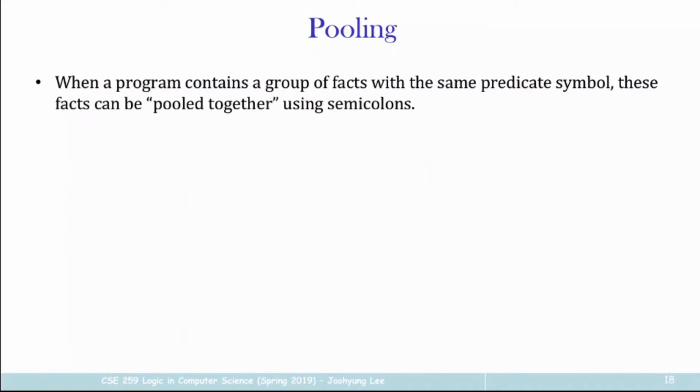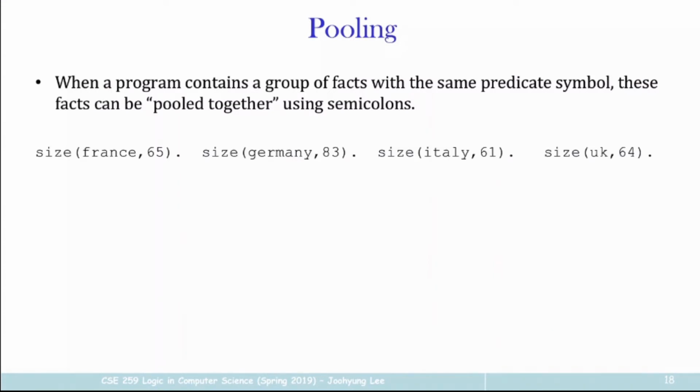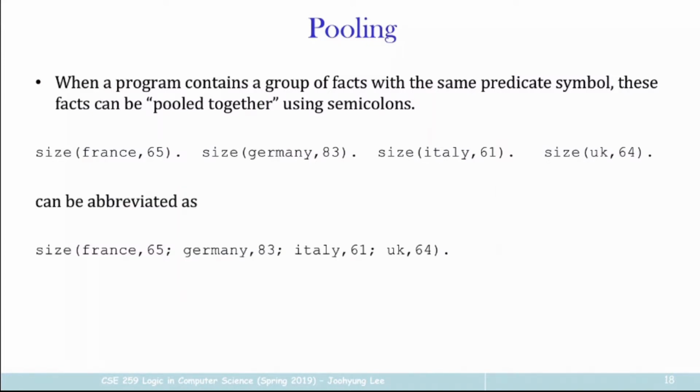All right. The next one is about pooling. This is just a syntactic sugar. When you have a group of facts with the same predicate symbol, you can actually make it a bit shorter. For instance, we wrote this database fact, and we repeated size, size, size, size. It's a bit tedious to write, so you can write this in terms of just one predicate symbol size, but followed by the arguments.